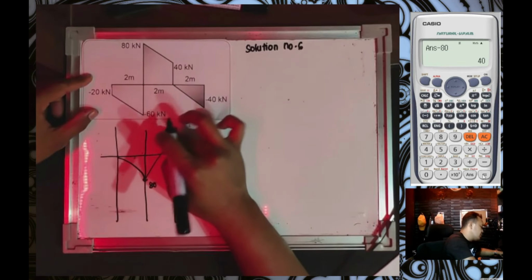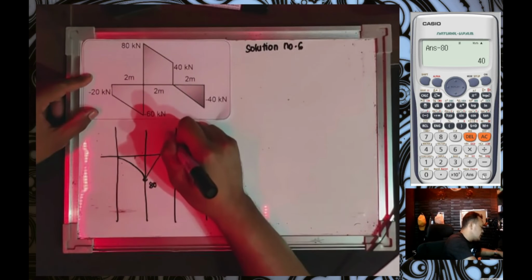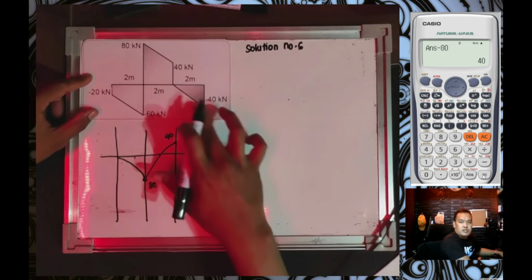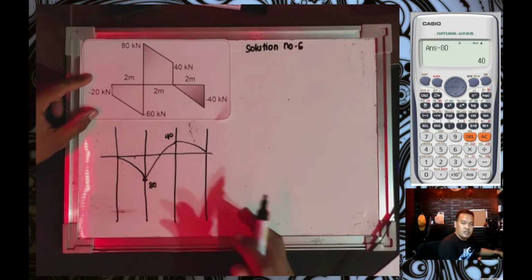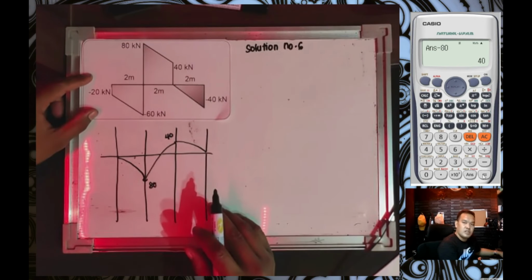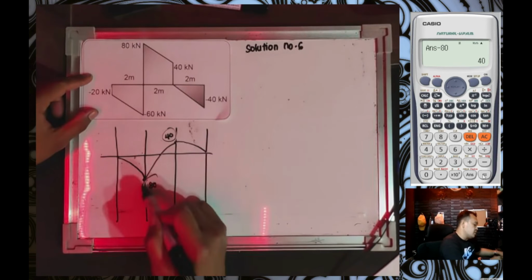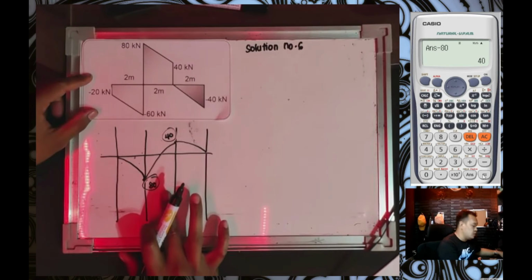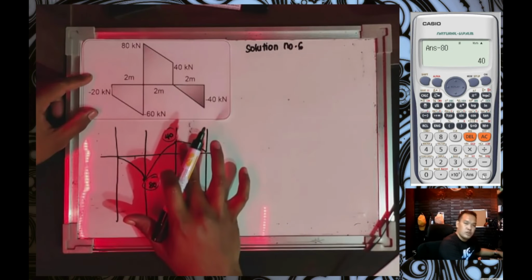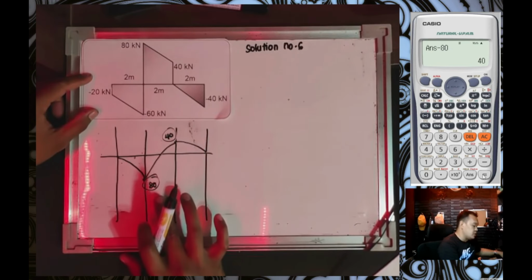Then ito, 40 din, magsi-zero yan. So the values na hinihingi natin ay ito at ito. The maximum positive moment is 40, and the maximum negative moment is this one.